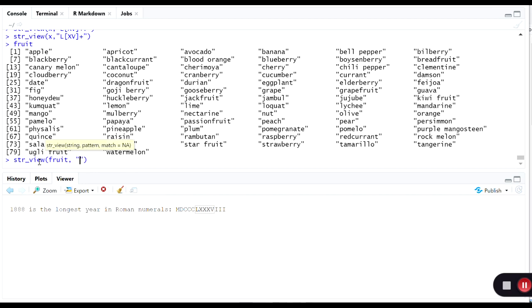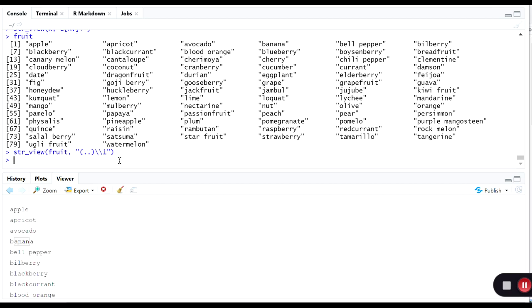What we're going to do is look for any two letters, and then when we use the one, we're referring back to the first grouping that occurred, the first thing in parentheses. So this says those same two letters repeated again.